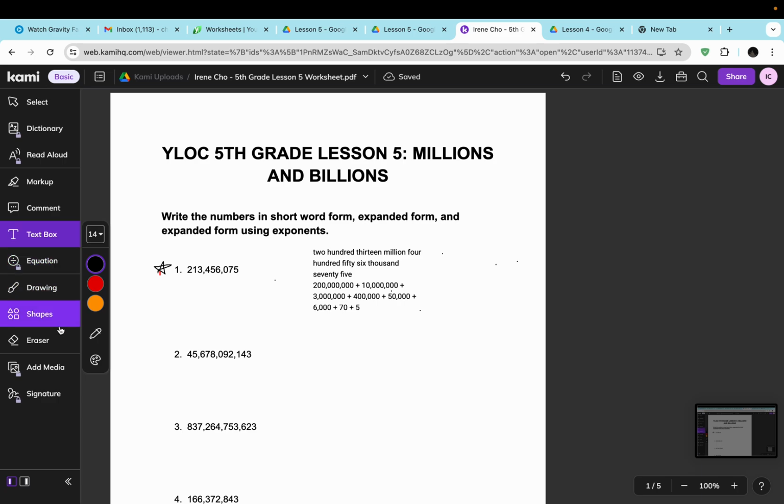Now for exponents, I'll draw this one out. We look at the first digit for each and then count the digits afterwards. So it would be 2 and then 1, 2, 3, 4, 5, 6, 7, 8. No, my bad.